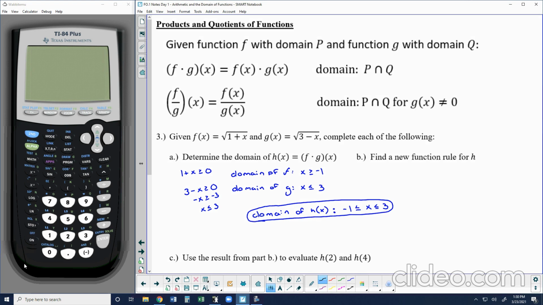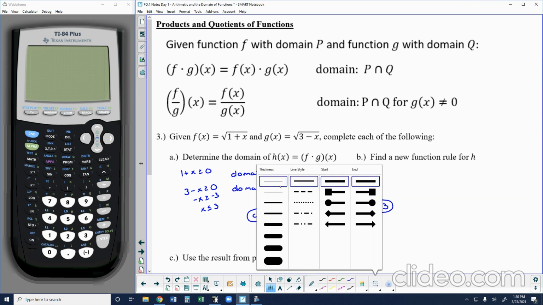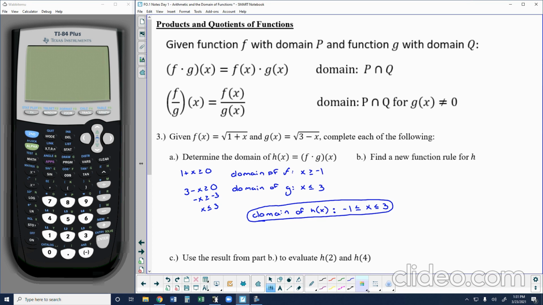So h of x, h of x again is f times g of x. And what that means is we can multiply the two different functions for f and g. So this would be the square root of 1 plus x times the square root of 3 minus x. Now remember, with root functions, if they are both the same types of roots, we can multiply together their radicands.